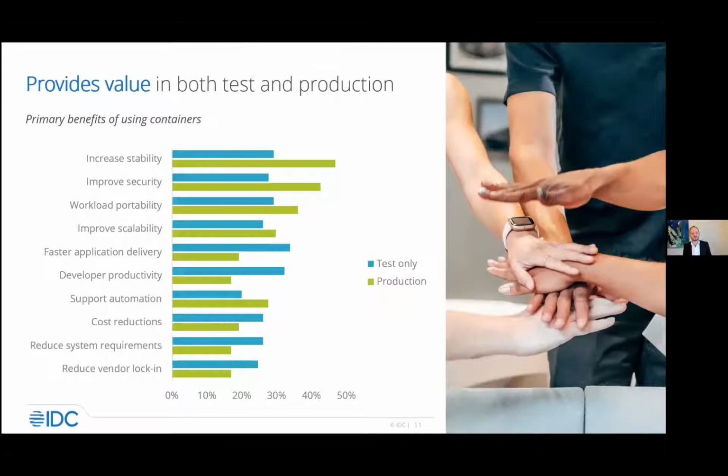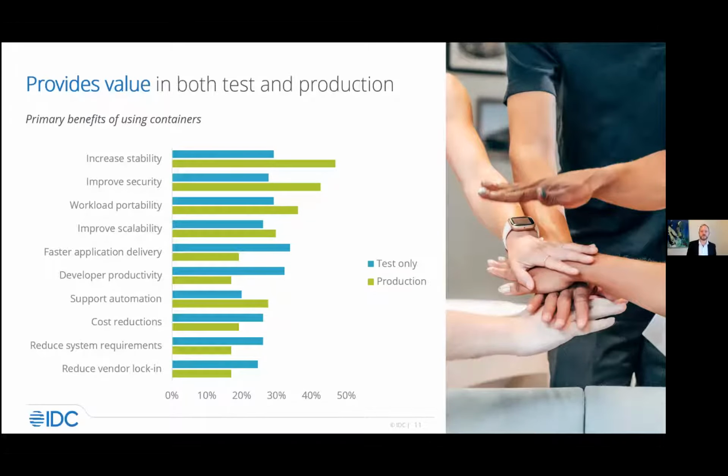But the very low share on application delivery time and developer productivity for those that use it in production also suggests that there may be other challenges in the application delivery. If they run things in production and do not experience developer productivity as one of the benefits, then there may be some other problems in the delivery pipeline that need to be addressed.